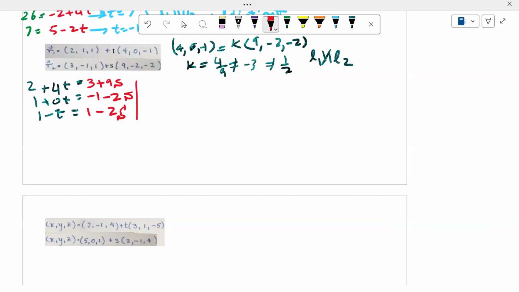Now, if I simplify this, I get 4t minus 9s is equal to 1. This goes to the other side, so s is equal to minus 1. And this one becomes t minus 2s is equal to 0.